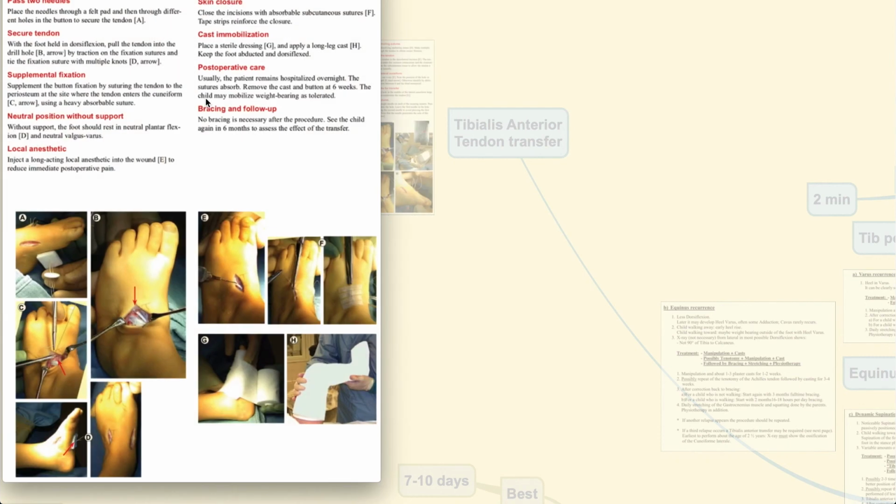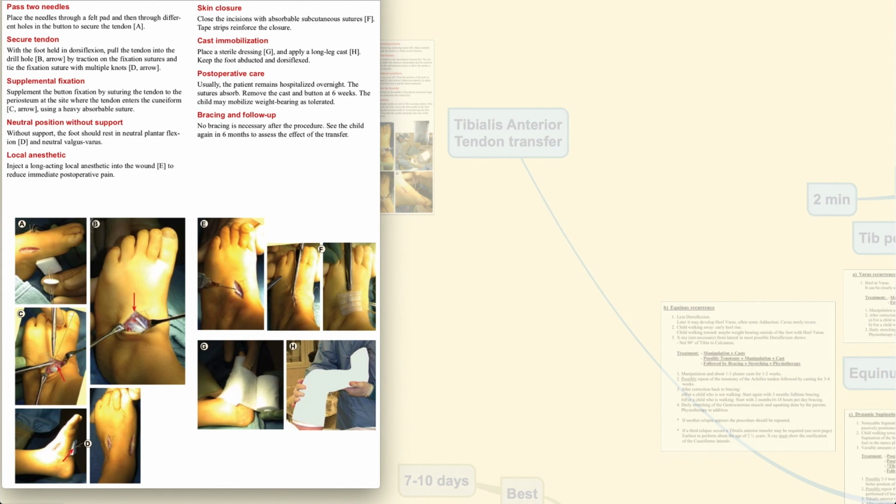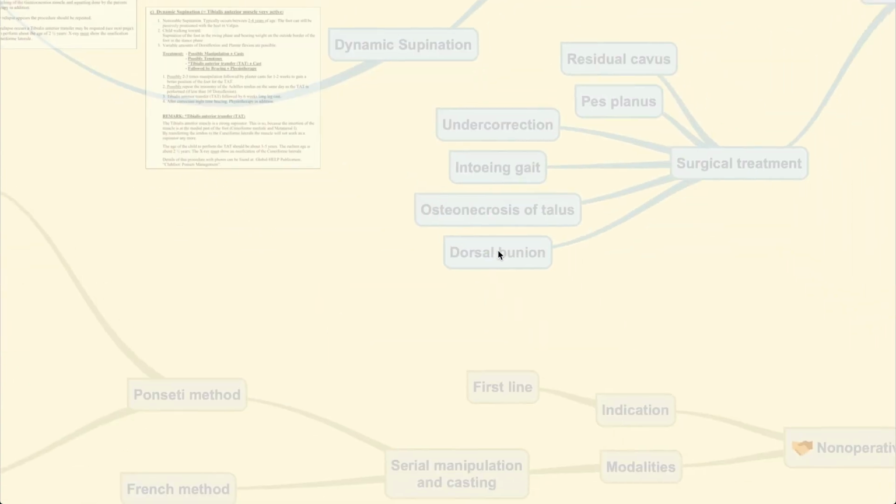You could read up about this in various references, and the ones mentioned in Global Health are quite good. You could also look it up in the Tachdjian Pediatric Orthopaedics textbook.